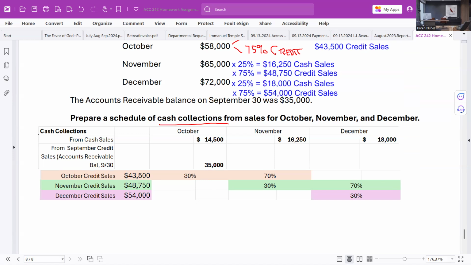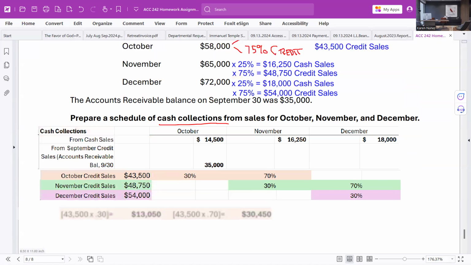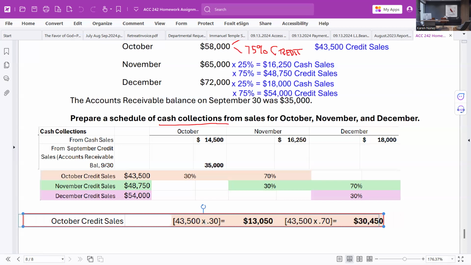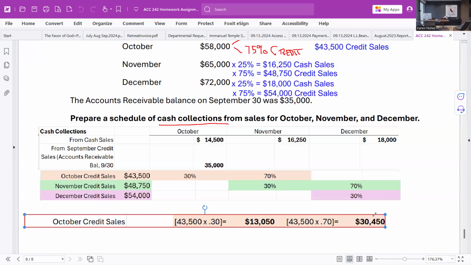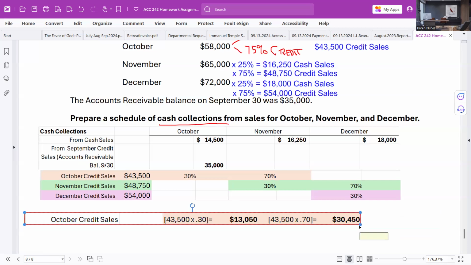And I'm going to put here what we're going to be collecting in total from the month of October. I could shrink it down a little bit. That would help.